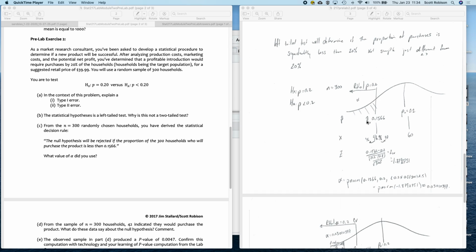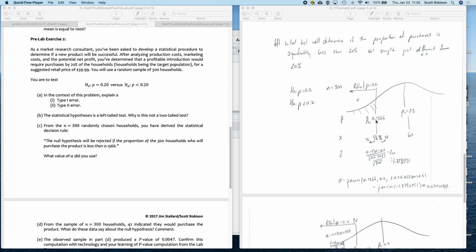in terms of sample proportions. Now, there are a few different scales that you can think of this same sort of critical value. One is here in proportions, this is 15.66%. In terms of number of successes out of 300, if I take 300 times 0.2, I get 60.